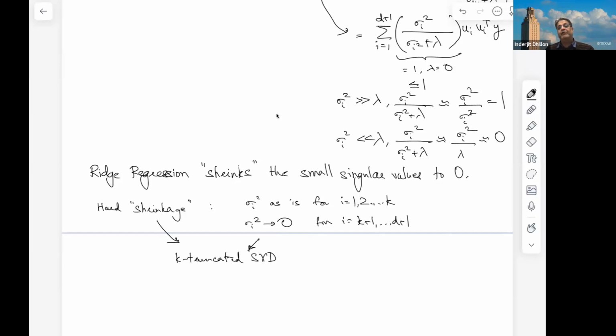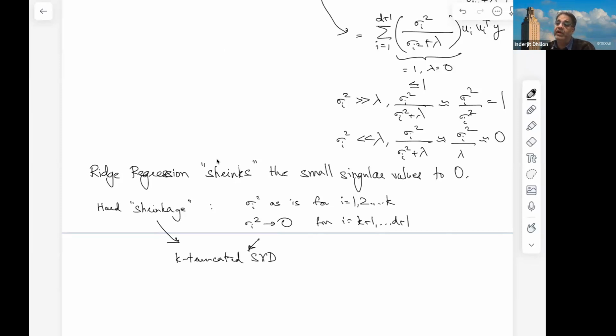Because if you look at it carefully, then it'll just be that you're taking the k singular values as is, and you're truncating the rest of them to 0. Okay, and that actually is also kind of a valid thing that you can try to do, right? I think ridge regularization is kind of more accepted in the language of modern deep learning.